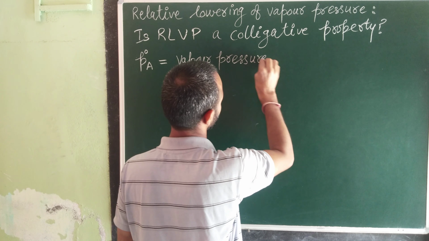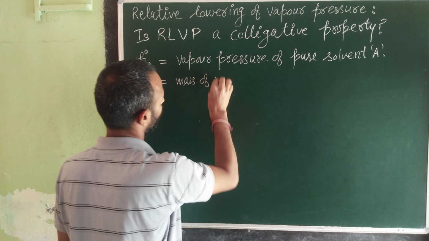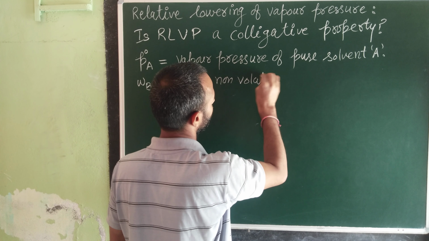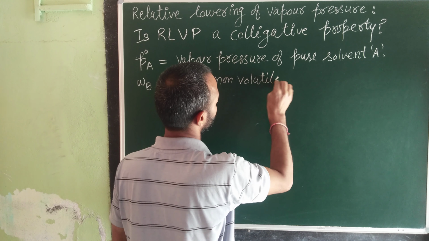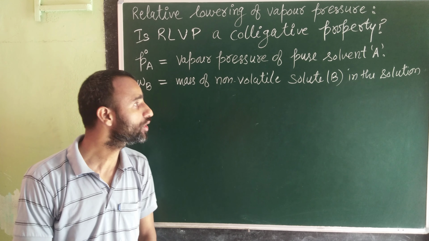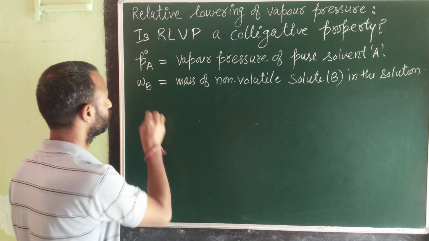Then WB is the mass of non-volatile solute B in the solution. WB is the mass of non-volatile solute B in the solution.